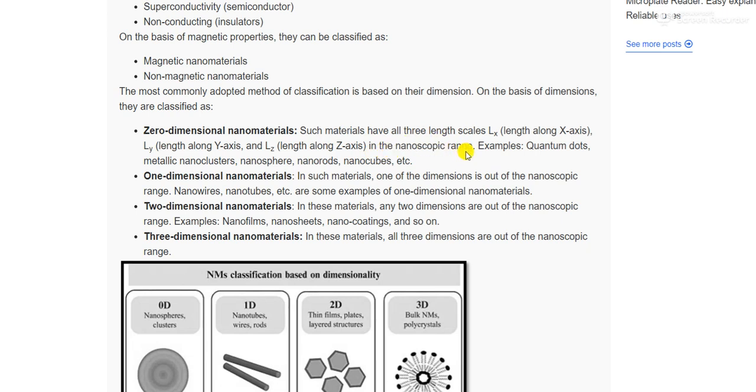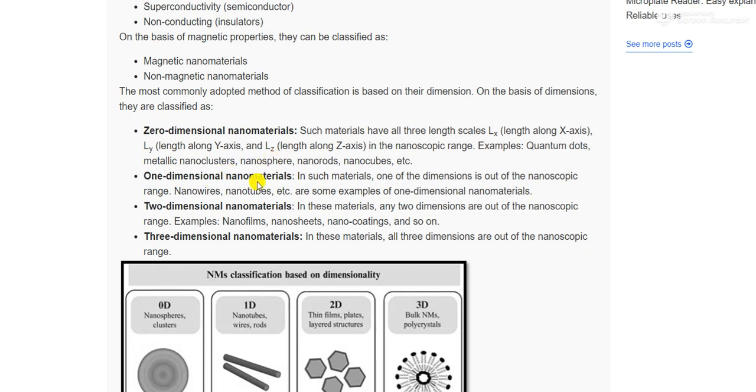You know this nanoscopic range, isn't it? That is 1 to 100 nanometer. Examples are quantum dots, metallic nanoclusters, nanospheres, nanorods, nanocubes, etc.